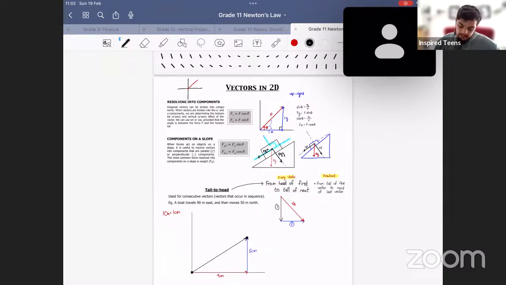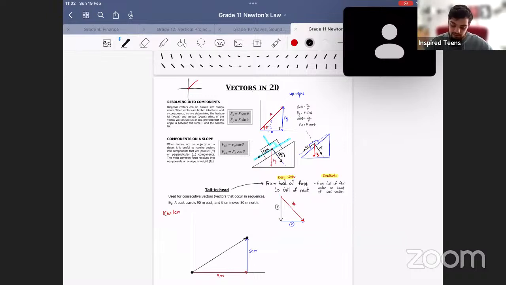Define the term resultant vector. Remember, the resultant vector is a single vector that has the effect of two or more vectors acting together. So here it is: a single vector which has the same effect as the original vectors acting simultaneously on an object.